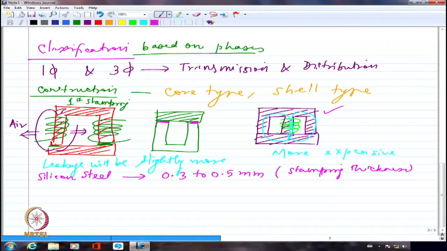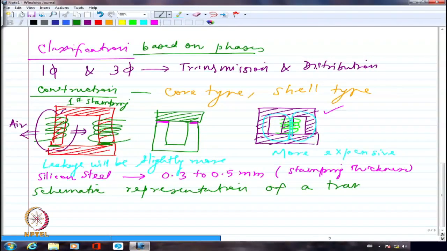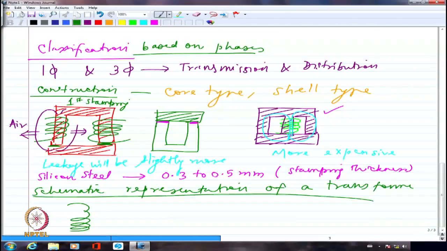So let us now go to the analysis of a transformer. Let me just represent schematically a single-phase transformer. So I would simply show that as 2 windings like this, right? And they will be essentially shown with the help of 2 parallel lines.